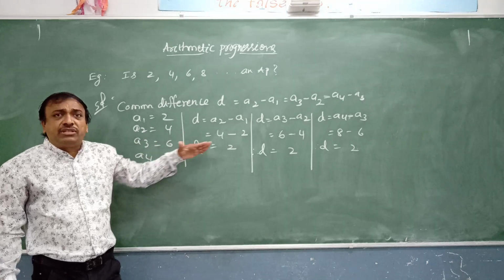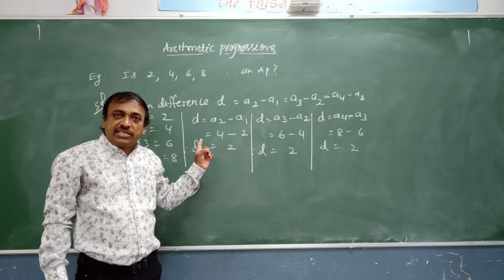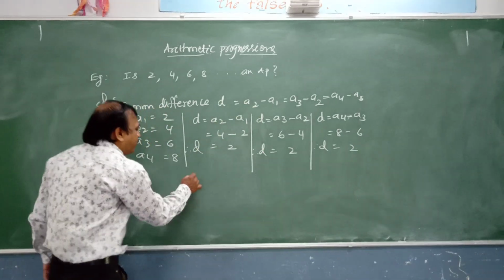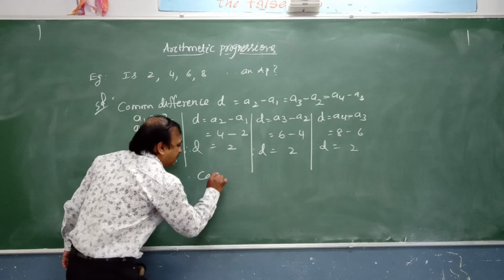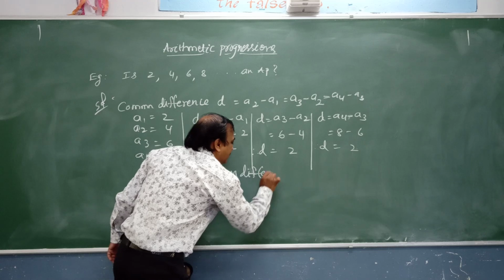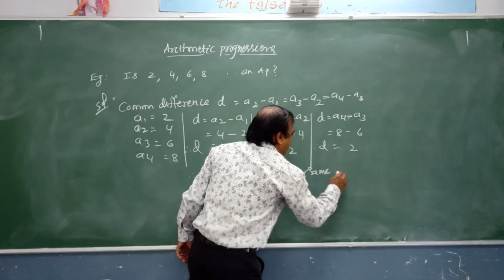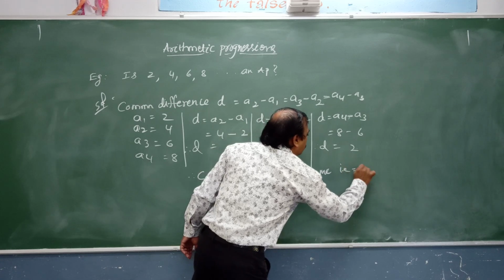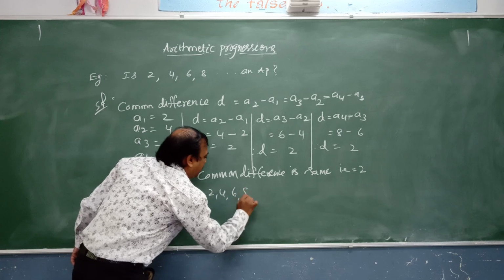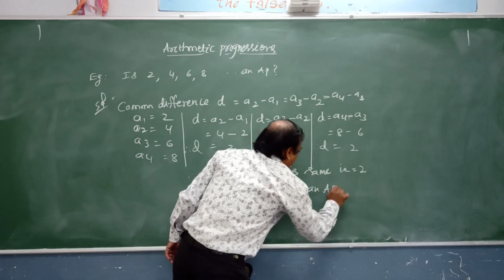If it is the same in all cases, then that progression is called an arithmetic progression. Therefore the common difference is the same, that is 2. Therefore 2, 4, 6, 8 and so on is an AP.